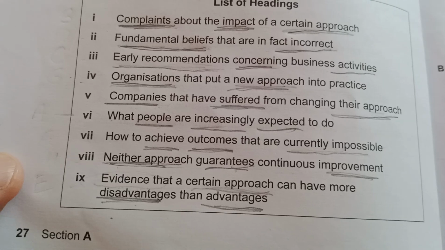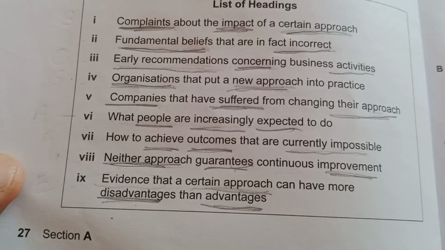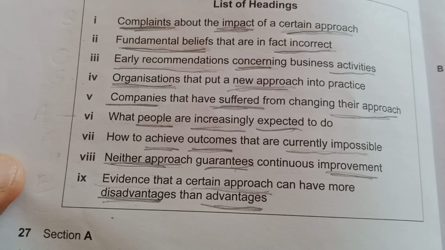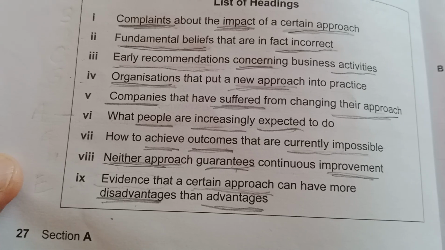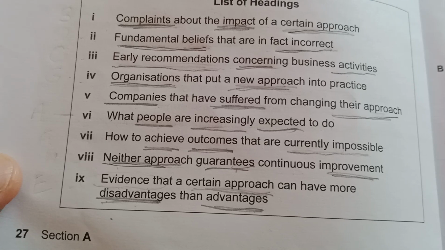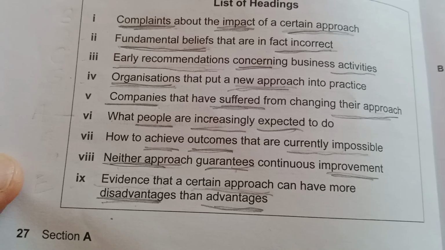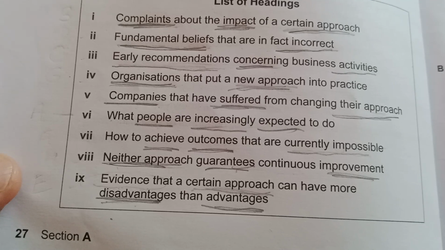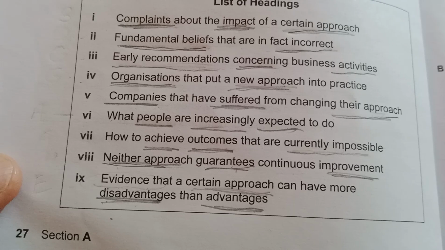We scan for keywords, but the keywords are not the same, so synonyms or parallel wording are there. And moreover, we have to read deep. It's not like the first 2 lines. We have to go for 4-5 sentences, or sometimes even read 50% of the paragraph.